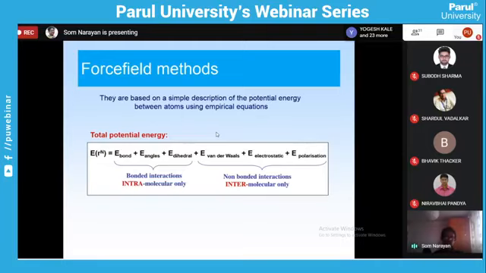So with this, the more accurate your force field, the more accurate result you will get. With this, we can use the molecular mechanical approach for bigger systems, for example proteins or molecules with 10^8 atoms or more than that.